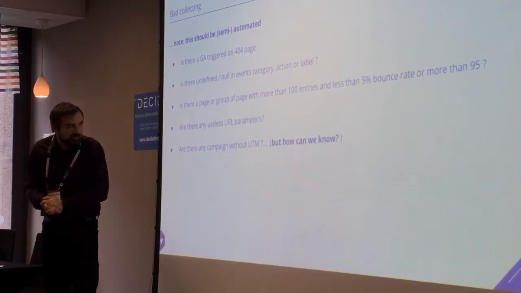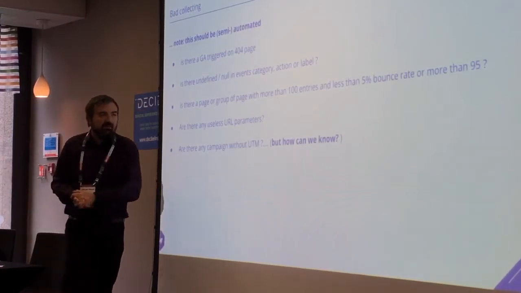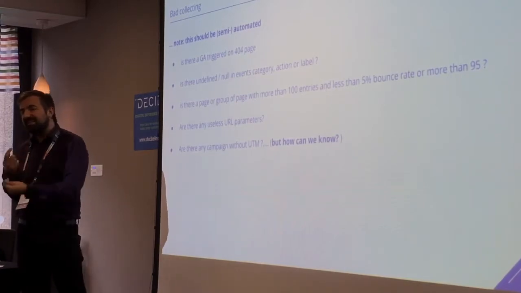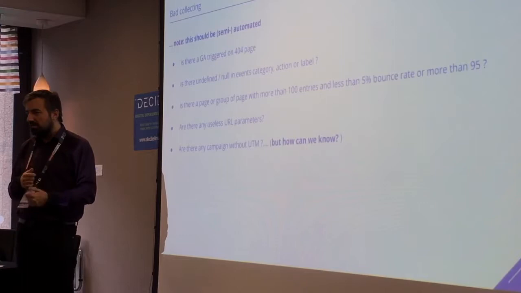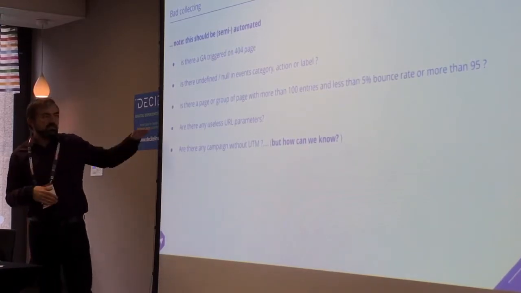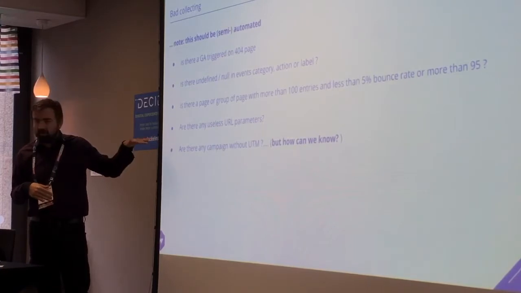Is there a page with a lot of entries and a very low or very high bounce rate that can actually tell maybe there is a problem with these pages? Are there any useless URL parameters?